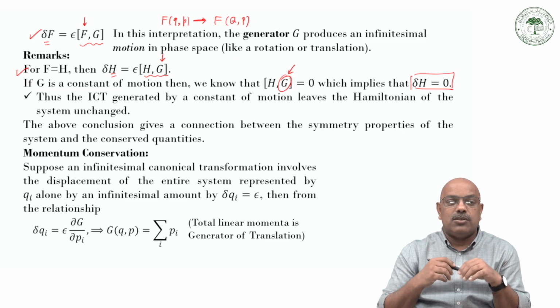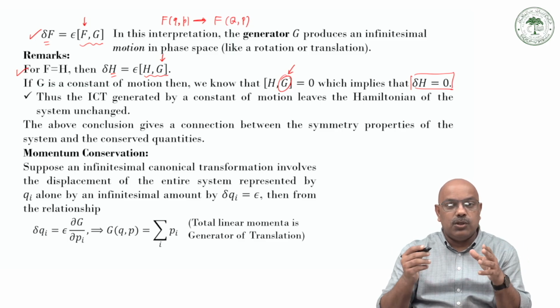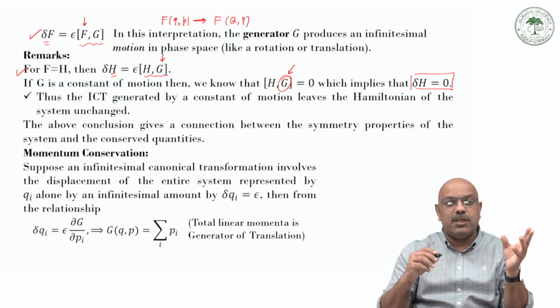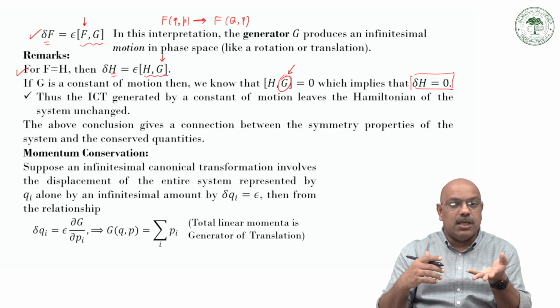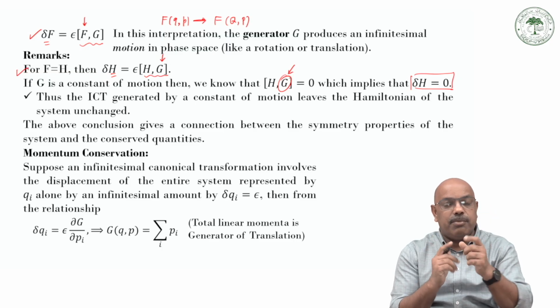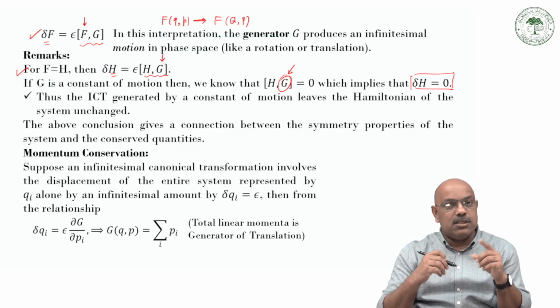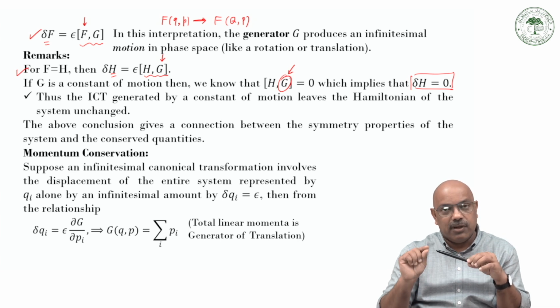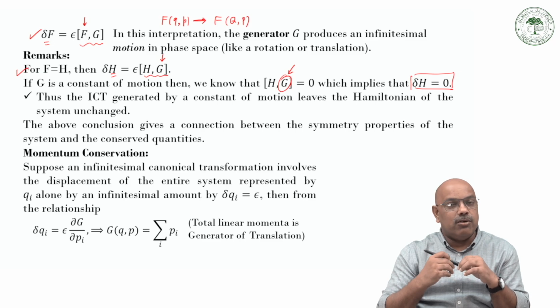So this is important, because this concept gives me the connection between the symmetry properties of the system and the conserved quantity. If G is the physical function which is a constant of motion and is the generator of the infinitesimal canonical transformation, then it is not going to change the Hamiltonian of the system.